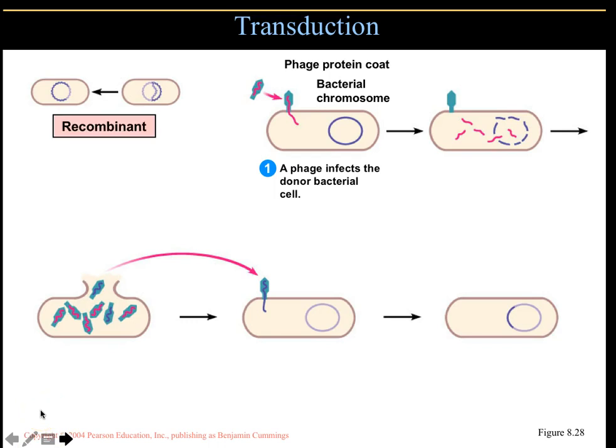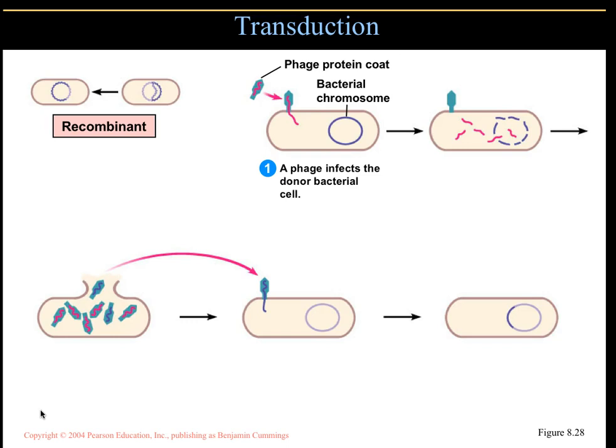Okay, transduction. I know we haven't gotten to viruses yet, but bacteria are attacked by viruses as well. They have their own viruses, and we'll learn more about that in the next PowerPoint. But what viruses want to do is replicate, and they have to hijack a cell in order to do that.